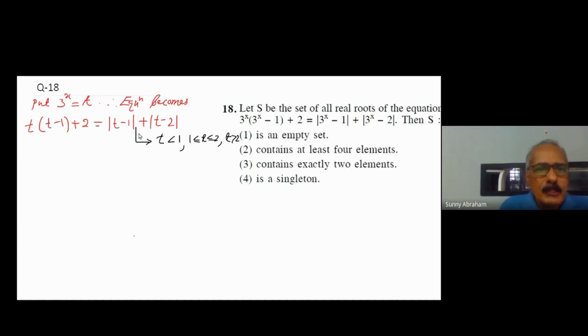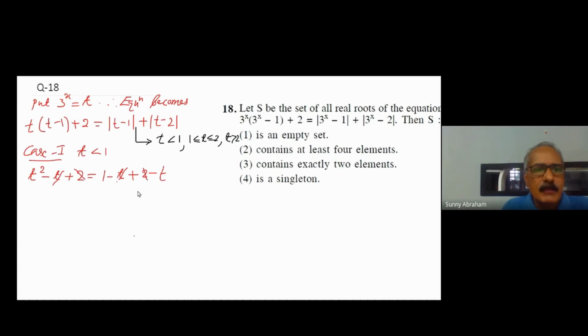First of all, case number 1: t is less than 1. When t is less than 1, what will happen? t² − t + 2 equals, since t is less than 1, both these terms are negative, so the right side will become 1 − t + 2 − t. The minus t cancel, and 2 and 2 cancel.